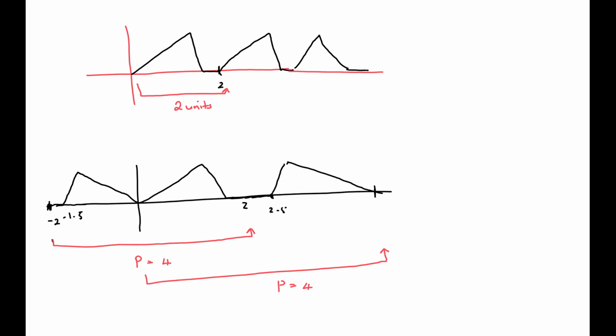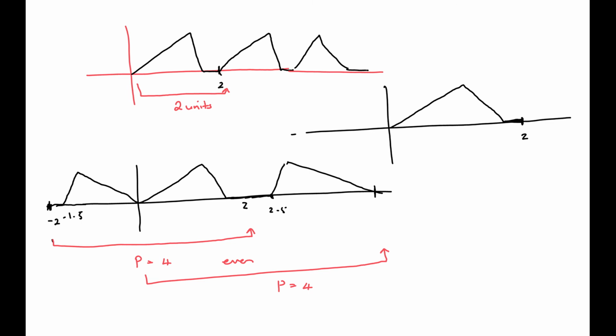If we wanted to create the same thing, but this time we wanted it to be an odd function, so that's an even function. If we wanted it to be an odd function, so that's taking us to 2, then it's got to be anti-symmetric, so it would have to go along this extra 0.5 like that, and then it would have to have the short bit and then the longer bit out there.